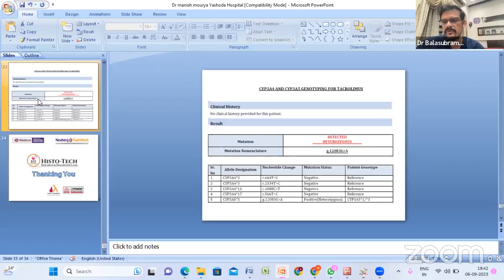But when we go to international articles, we see their MFI cutoffs are like 2,000. So is there a standard cutoff value worldwide, or does it vary from lab to lab?